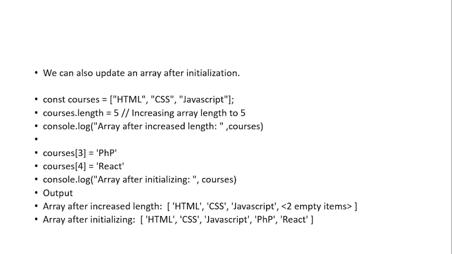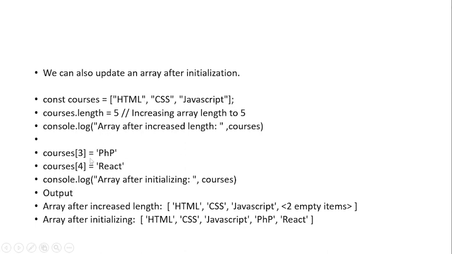In the next example, I am going to update an array after initialization. Length is equal to 5, and when I use courses, I will get the output HTML, CSS, JavaScript, and 2 elements are empty. You can see indexes 0, 1 and 2. The third element and the fourth element are free, empty spaces. So I am going to update the value. This is initialization and I am going to update.